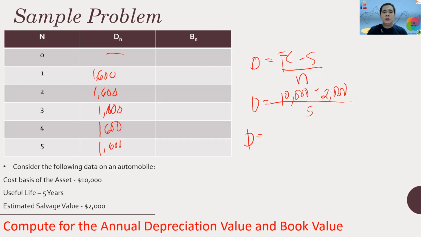Okay? Knowing that the book value in year 0 is 10,000, you don't have any depreciation yet, minus the 1,600.